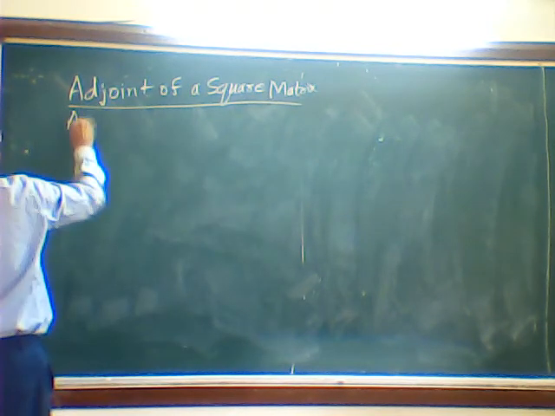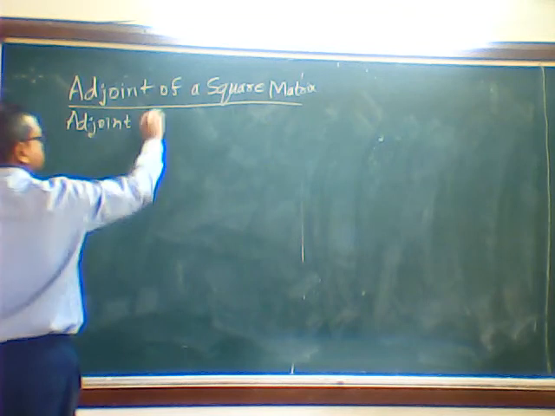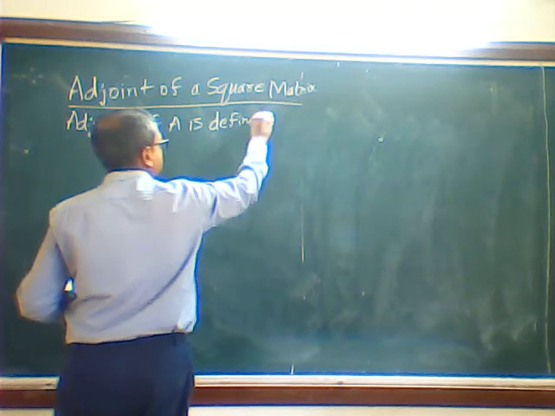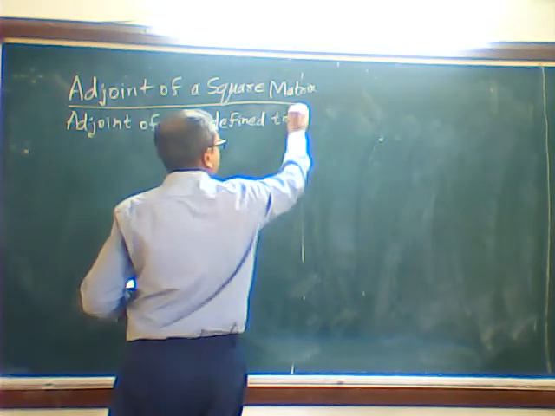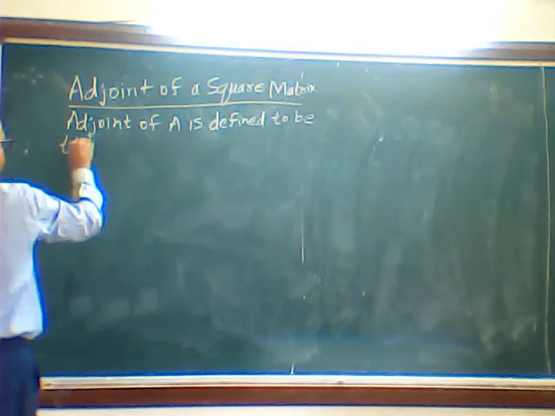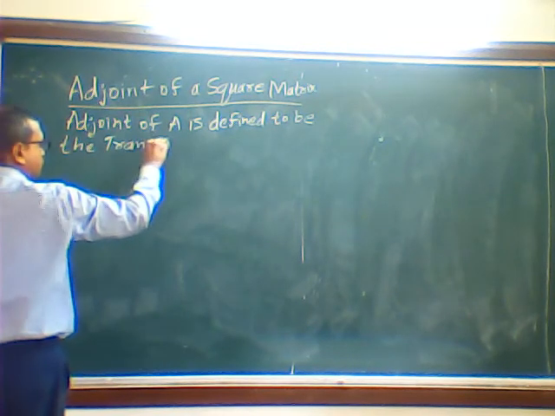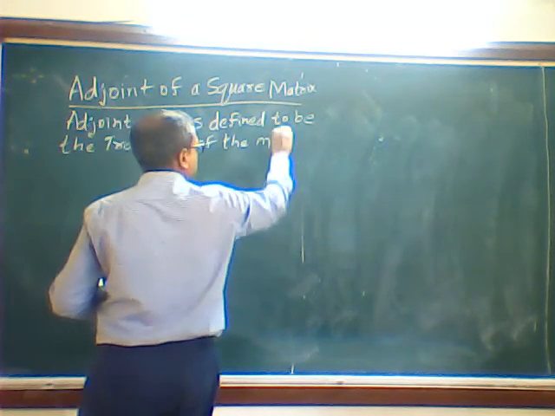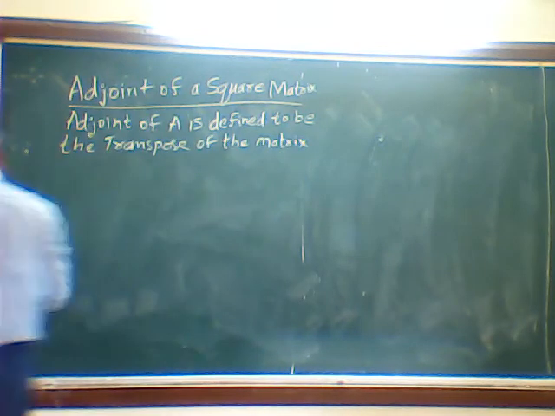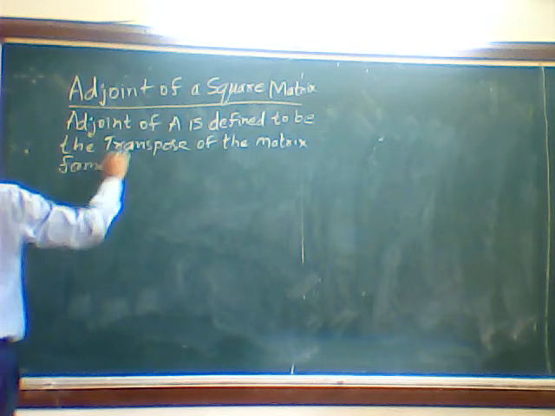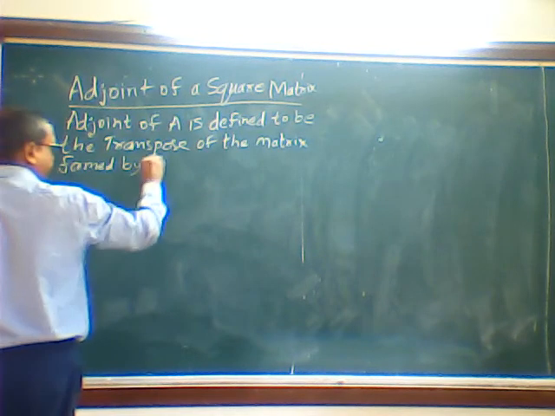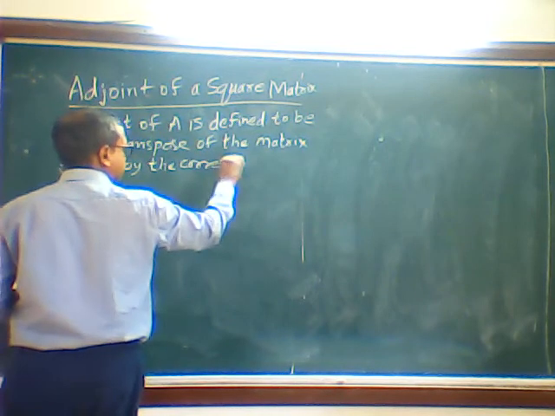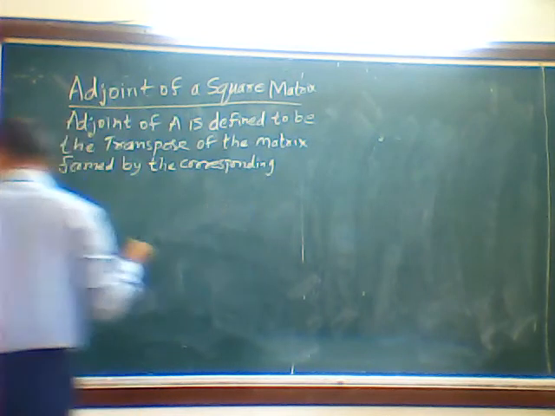Adjoint of A is defined to be the transpose of the matrix formed by the corresponding cofactors.